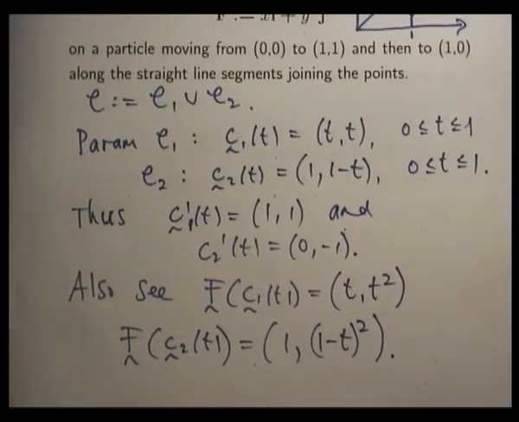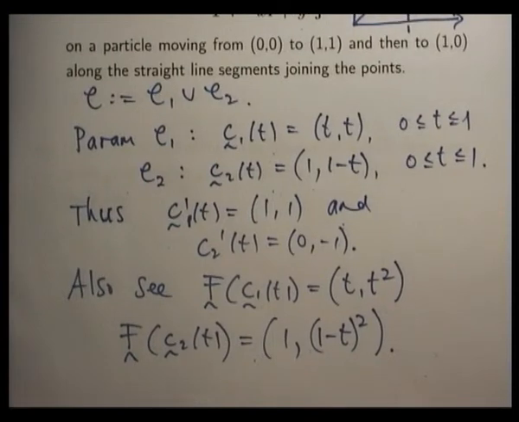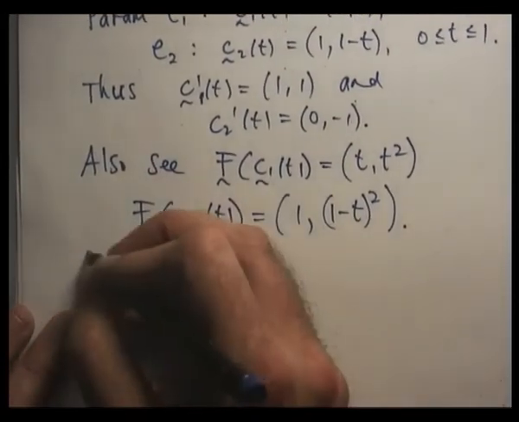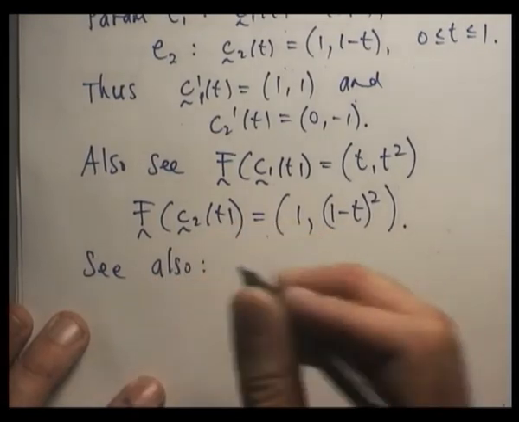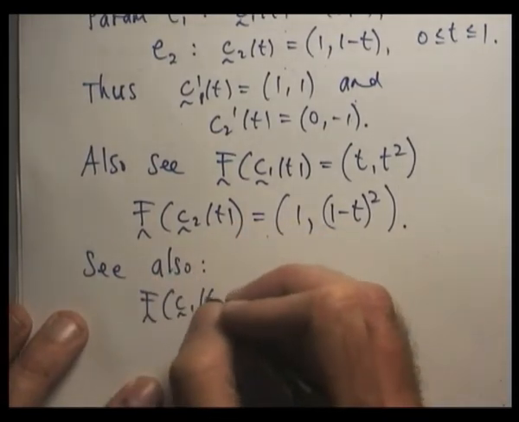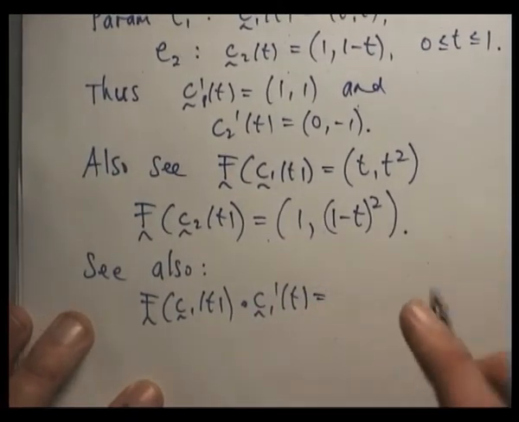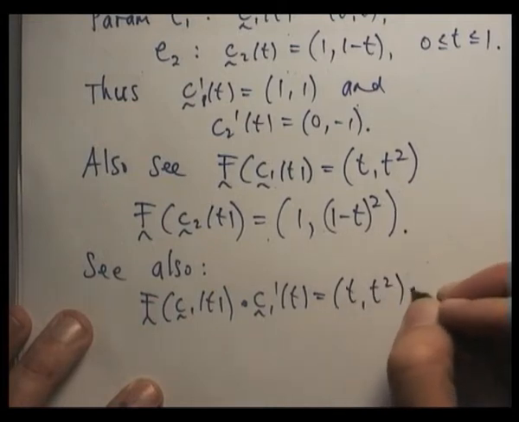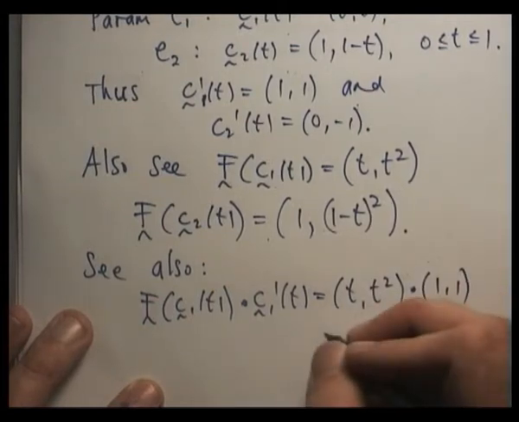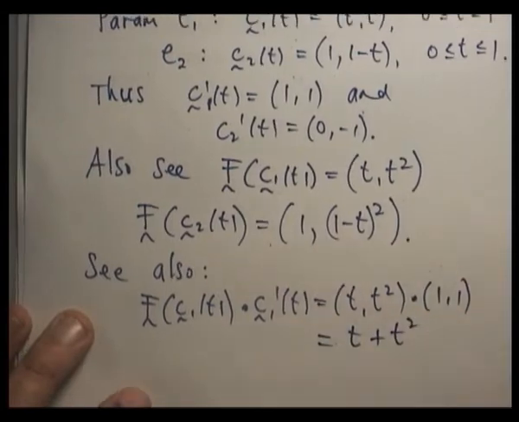Okay, so we've got all the parts we need. Now we just take the corresponding dot products. Pretty easy. Okay, f of C1 of t dotted with C1 dash. What's that going to be? That's going to be (t, t squared) dotted with (1, 1). So we get t plus t squared.